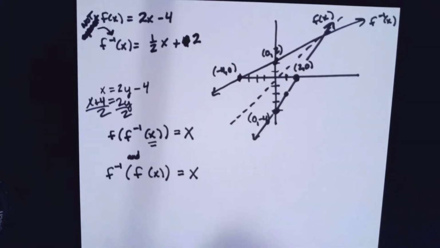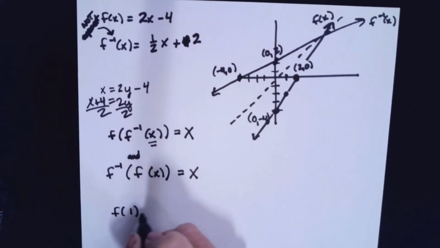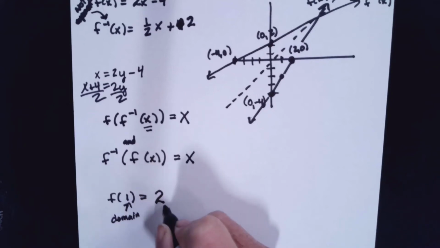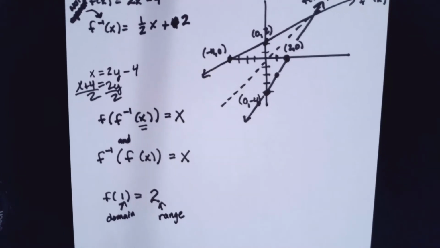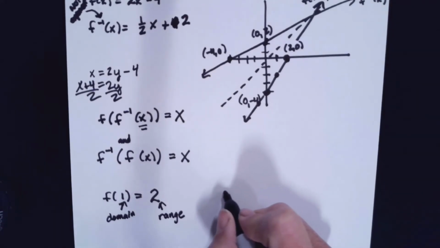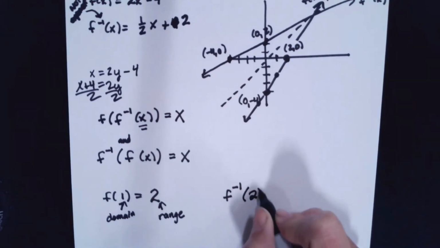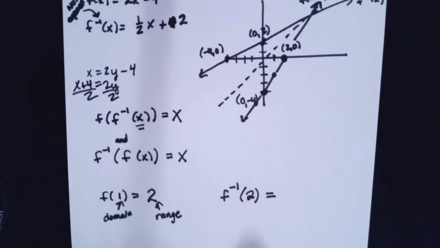Let's see, what else with inverses? If we had f of 1 equals 2, well, this is our domain. Our x value is our domain, and then this is our range. And then if we take the inverse, so if we did the inverse of 2, that would give us 1.